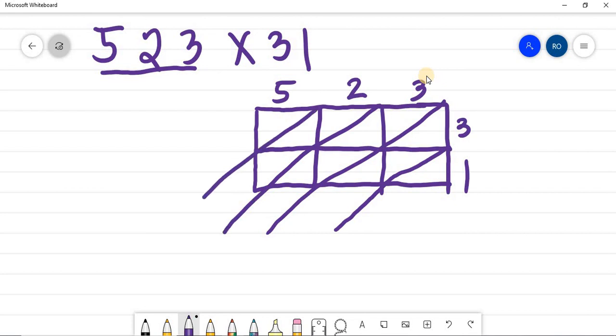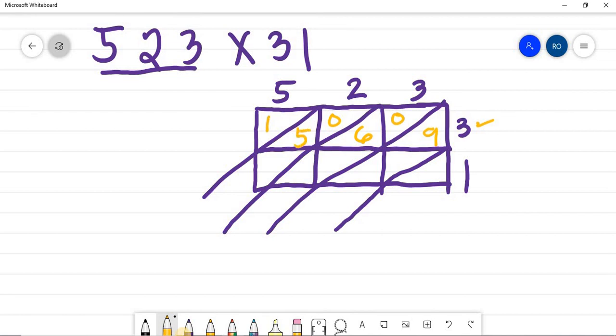Let's start multiplying. Let's have 3 first. We have 3 times 3 is 9. Since our answer is a single digit, we have to write 0 here. So 2 times 3 is 6. 6 is here and 0 is here. 5 times 3 is 15.